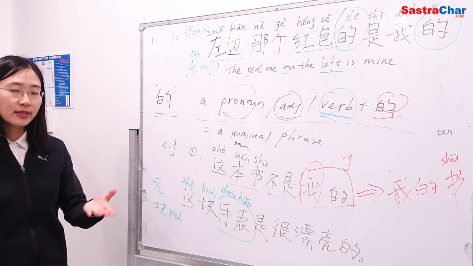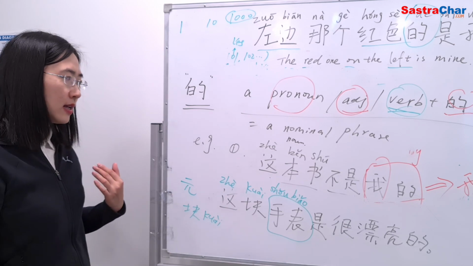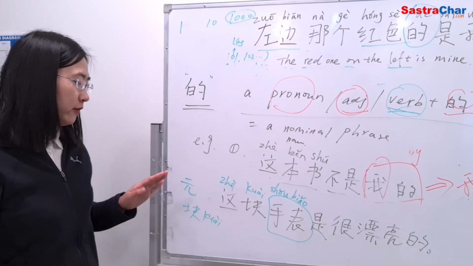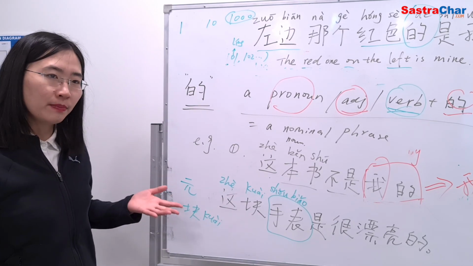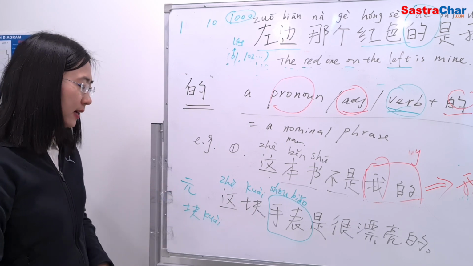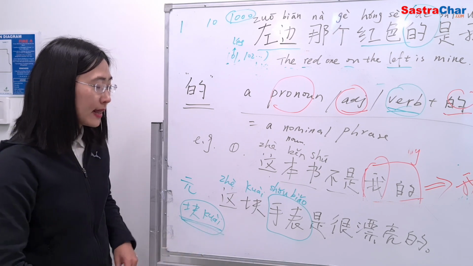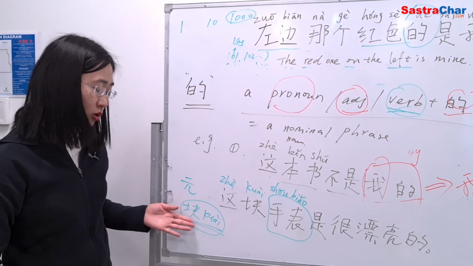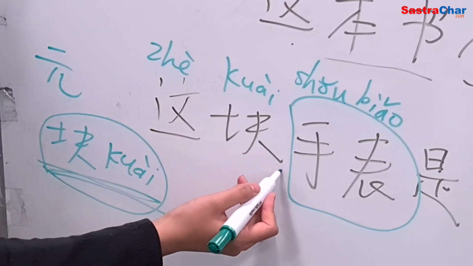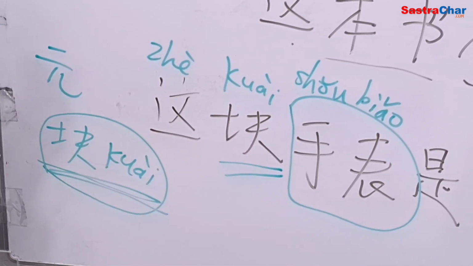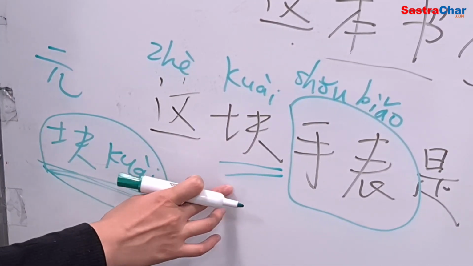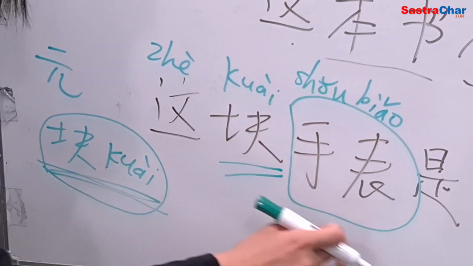So 1 New Zealand dollar equals about 4.5 块 in 人民币, in Chinese money. Okay, so 块 has its meaning related to money. So 块 is like dollar, but here 块 is not about money, but instead is a quantifier. It's a measure word for the watch.